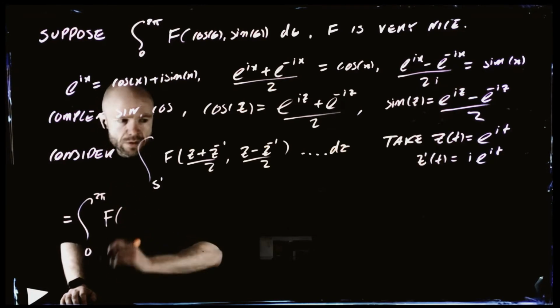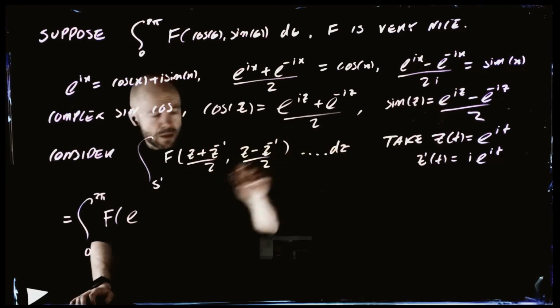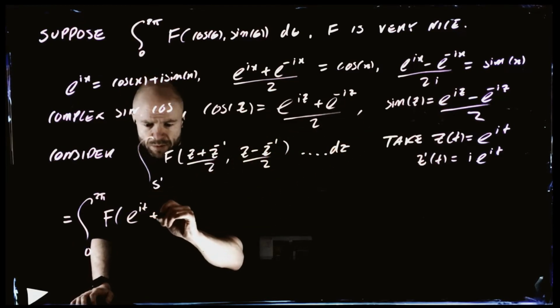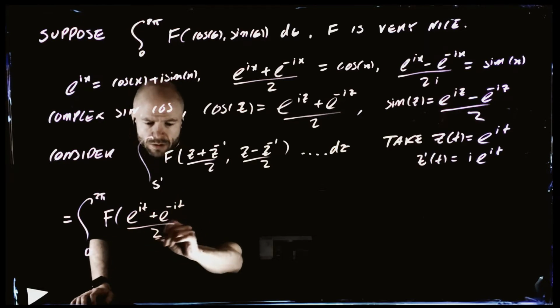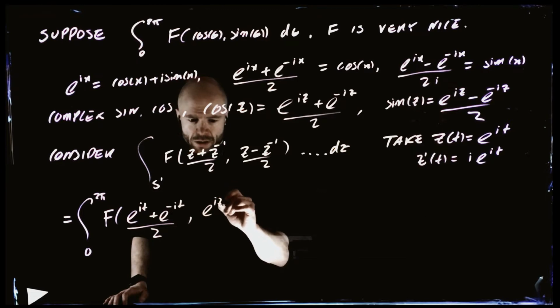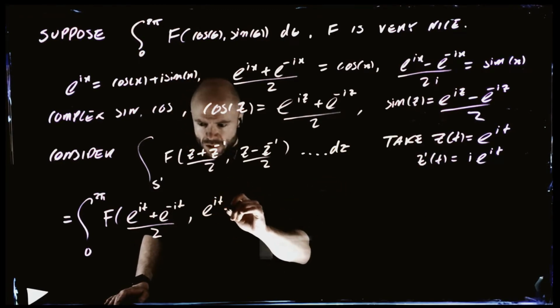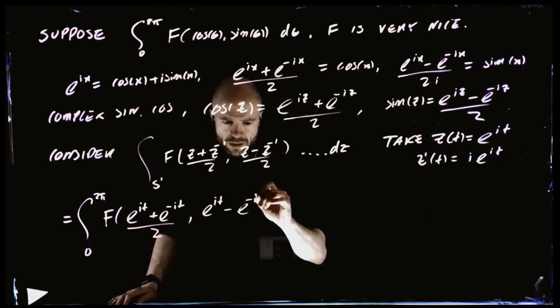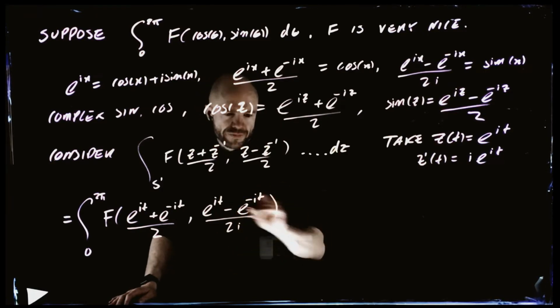Then we're going to have f of, now z becomes e to the it plus e to the minus it over 2, and then we're going to have e to the it minus e to the minus it over 2i, like this.